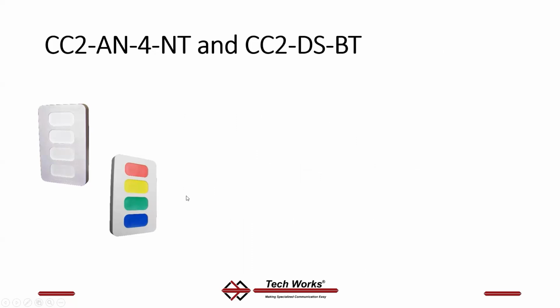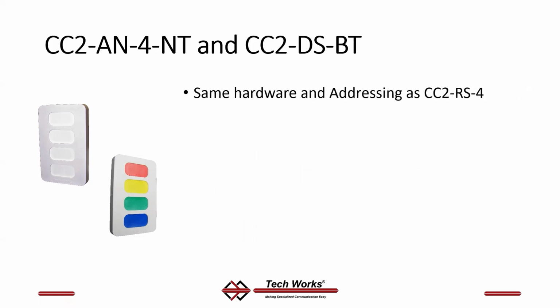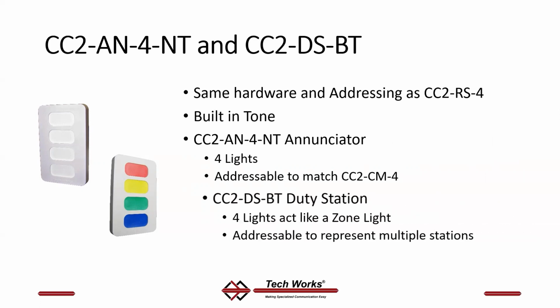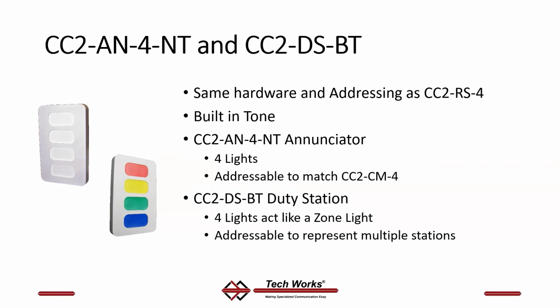On the AN4NT and DSBT, these are both the annunciator version of this hardware, I guess you'd say. So they're addressable. They have a built-in tone. They have 4 lights and they are addressable, but they have no buttons. No buttons.